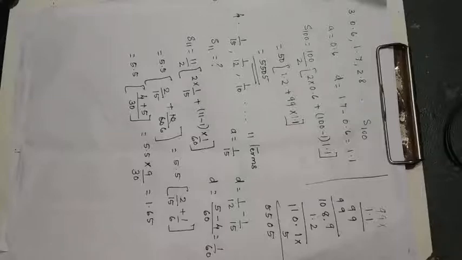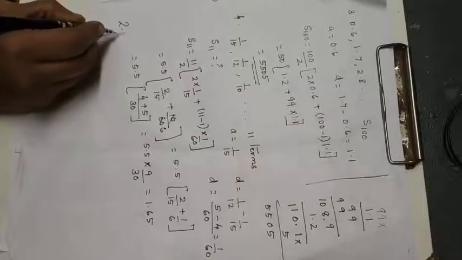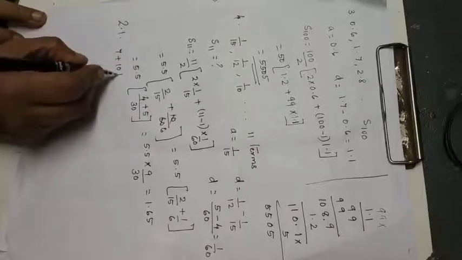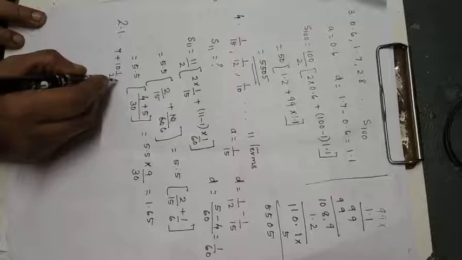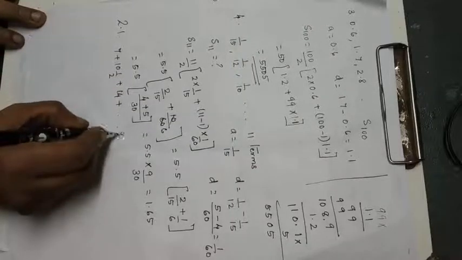Then second one, you see, find the sums given below. So first and last term was given there, and you have to find out. Then using the second formula you can find out the sums. Okay, so second question, first one 7, then 10 and a half, then 14, like that 84.